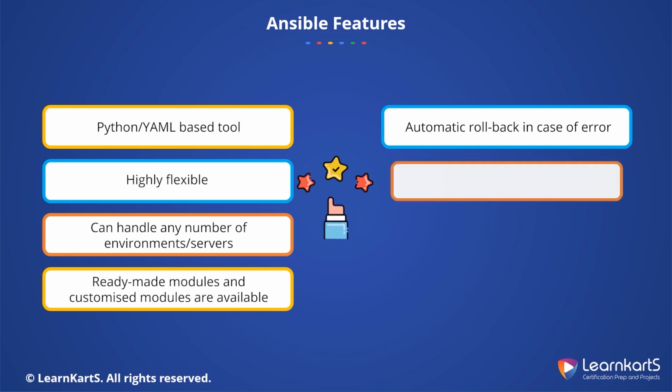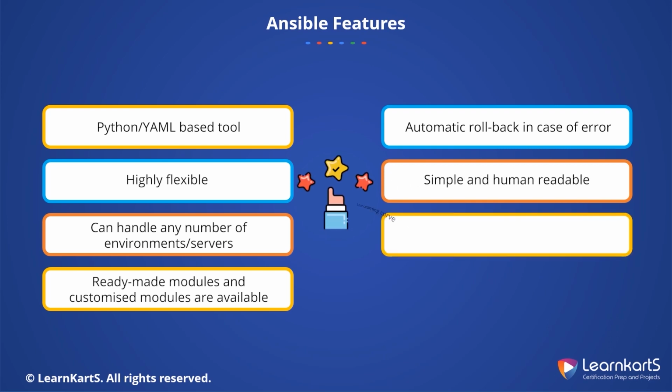It's very simple and human readable. The learning curve is very low because you're not going to learn any kind of programming language. You're going to stick to very basic YAML scripts, which are very easy to understand compared to Ruby or those typical programming languages. That's one of the best features of Ansible, that you don't have to go through those kinds of codes and typical programming concepts.